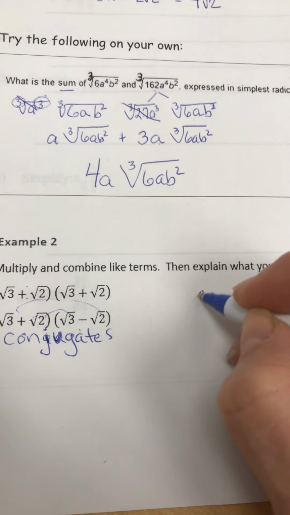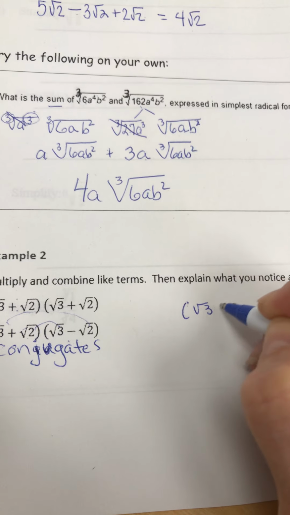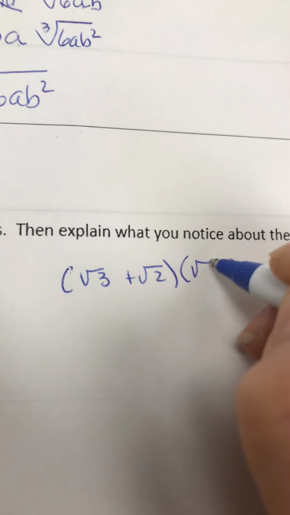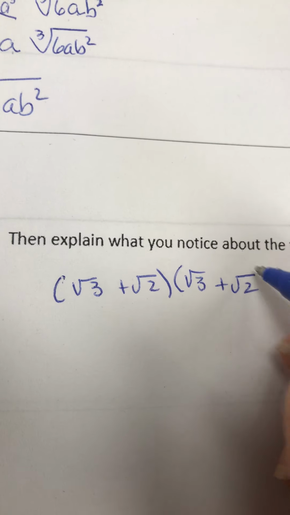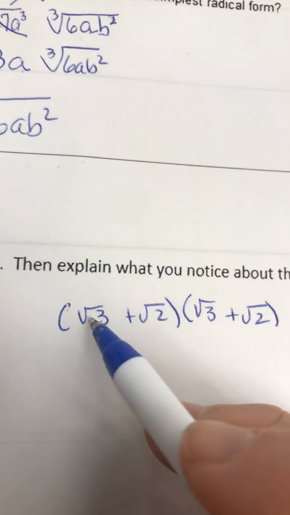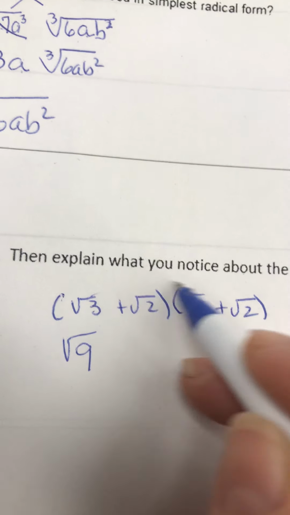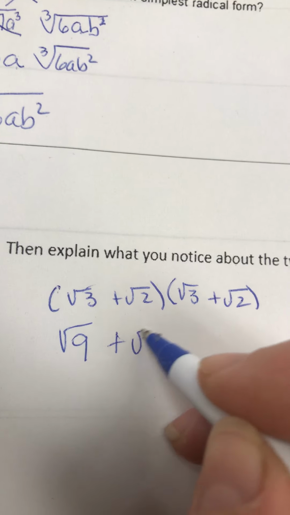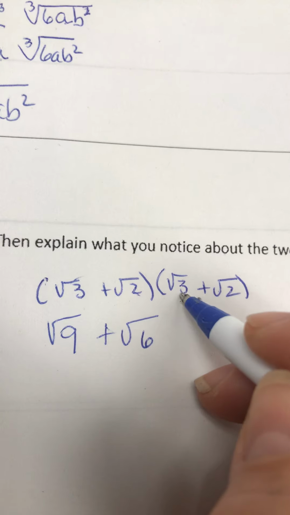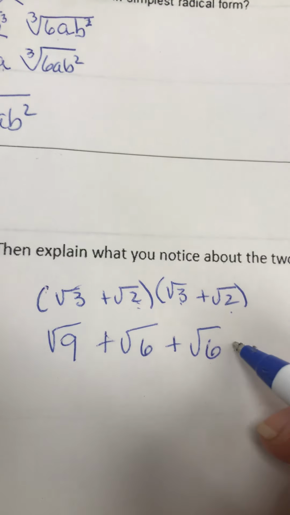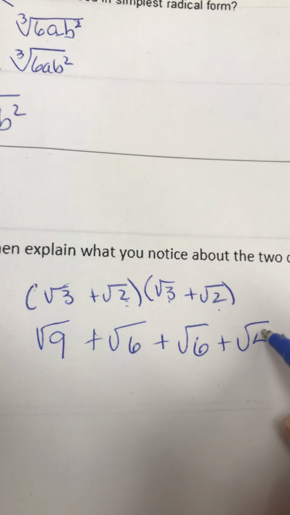So the first one, if you had rad 3 plus rad 2 times rad 3 plus rad 2, so basically times itself, rad 3 times rad 3 is rad 9. Rad 3 times rad 2 is rad 6. Rad 2 times rad 3 is another rad 6, and rad 2 times rad 2 is rad 4.